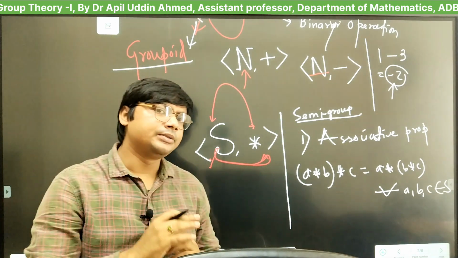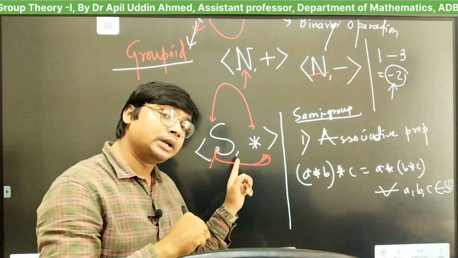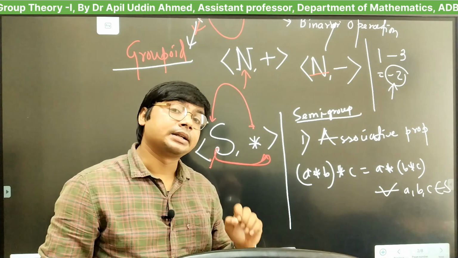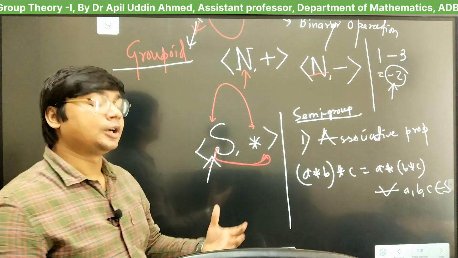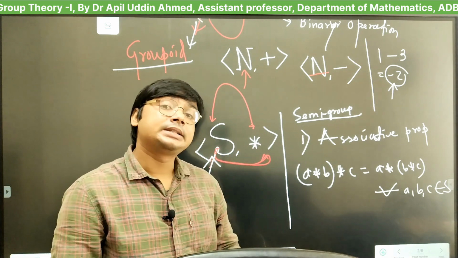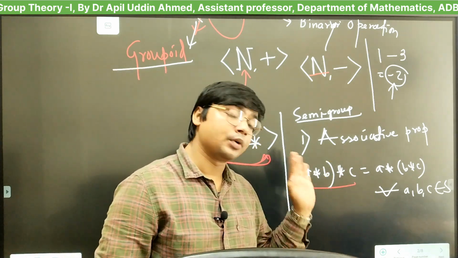Also, we mention here that S is a non-empty set equipped with a binary operation star. That means this set S satisfies the closure property with respect to star, as well as the associative property.